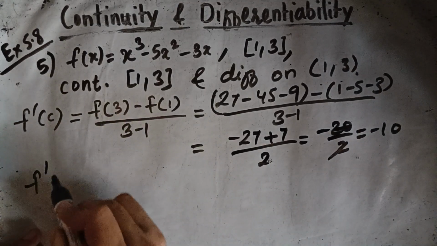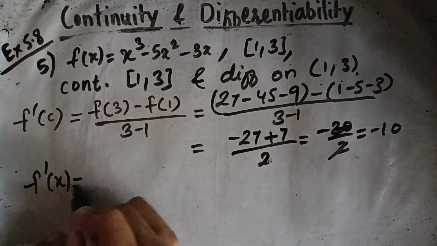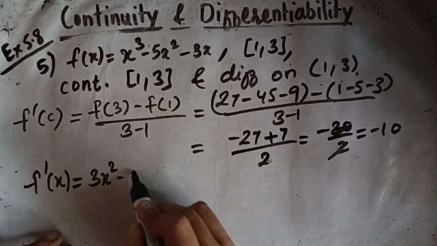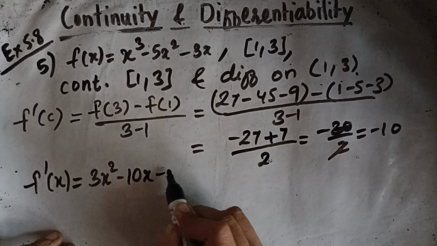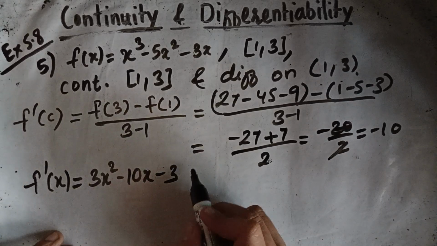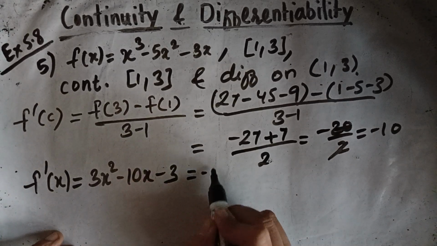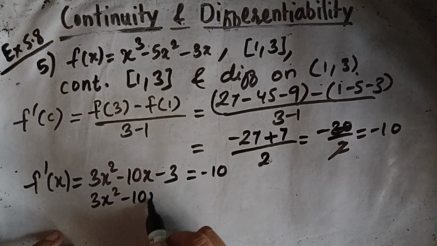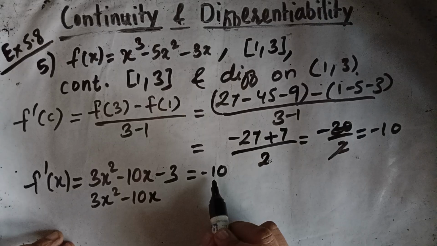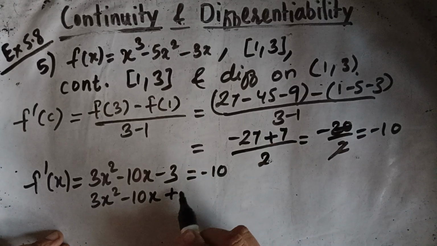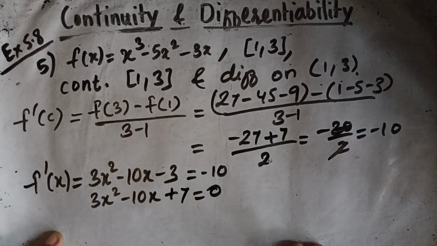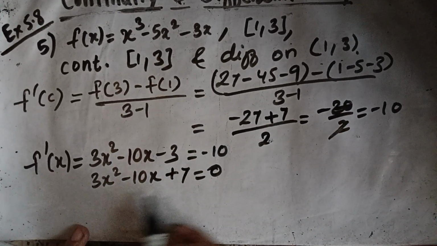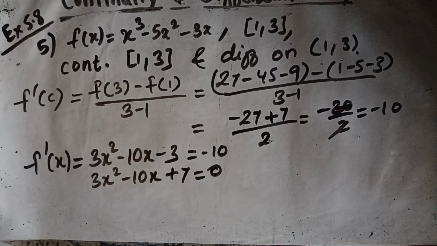Now find out f'(x). 3x square minus 10x minus 3. Okay. This is equal to minus 10. So 3x square minus 10x minus 10 plus 3 is minus 7. So plus 7 equal to 0. So we get this quadratic equation. So find out factors.